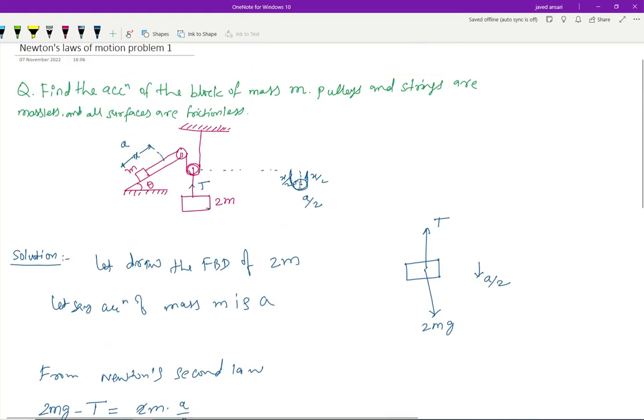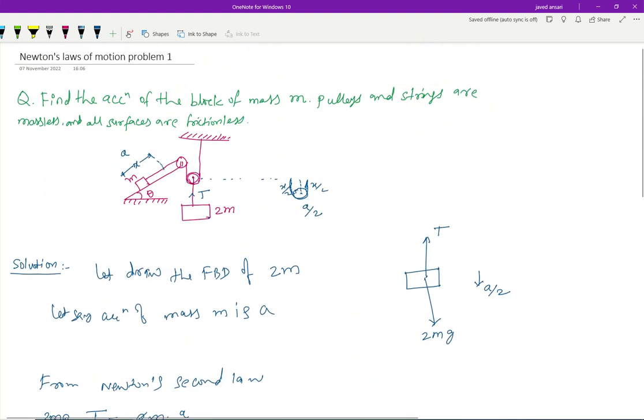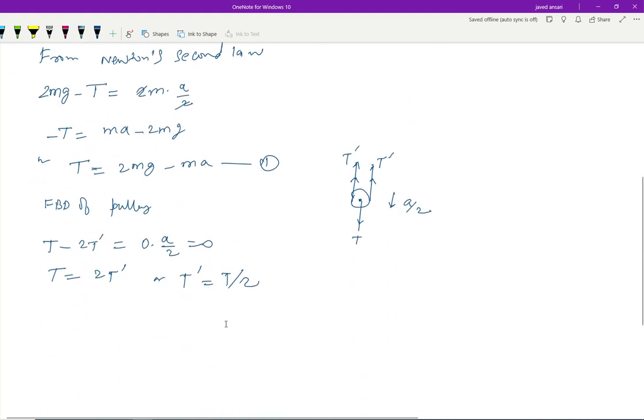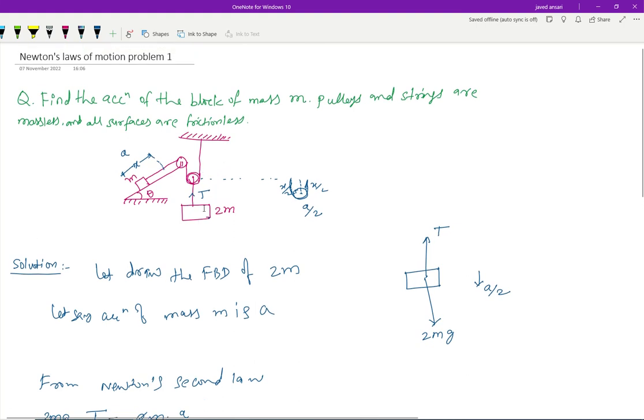So what it is saying is, if the pulley is massless, then this tension will be half half in the above part, right? So this is now T by 2 here, and this also is T by 2 here. If it is T by 2, this will also become T by 2 tension in this string, because this pulley is also massless. So this and this will remain the same.